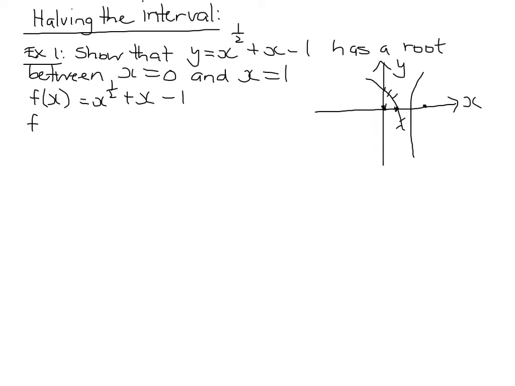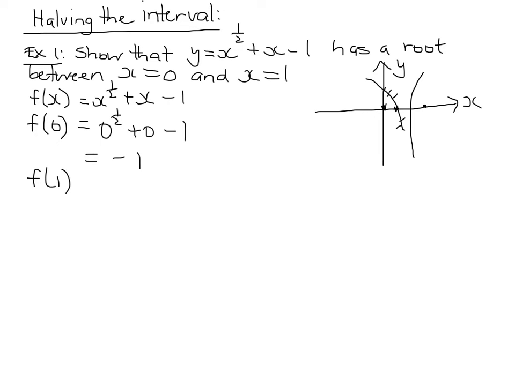And I'm going to sub in these two numbers. f of 0 is 0 to the half plus 0 minus 1. Well, the square root of 0 is 0, plus 0 is 0, so it's minus 1. So that's less than 0.